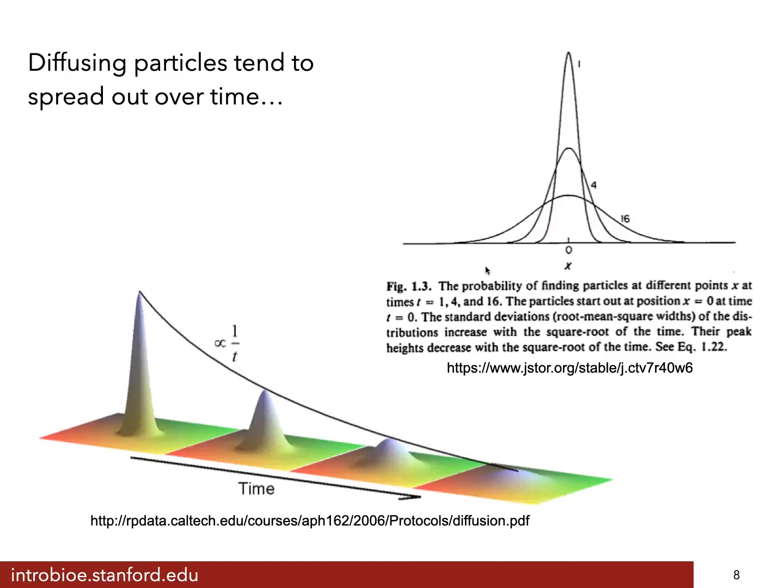Imagine you had a perfectly smooth dish of water, and you were able to put a drop of food coloring in the middle of the dish. And you didn't disturb the water at all. And there was no flow in the water. And you're just looking over time to see how the dye and the food coloring, well, what would it do? What would you expect it to do?